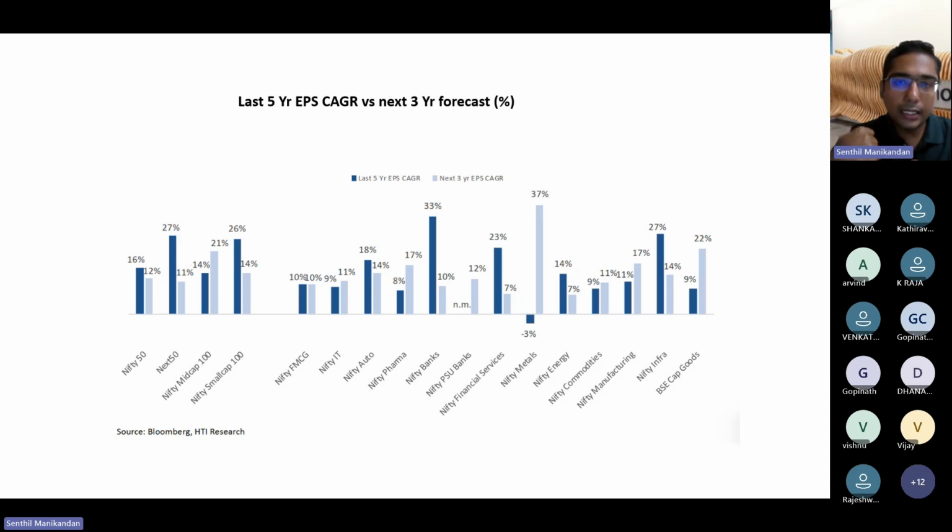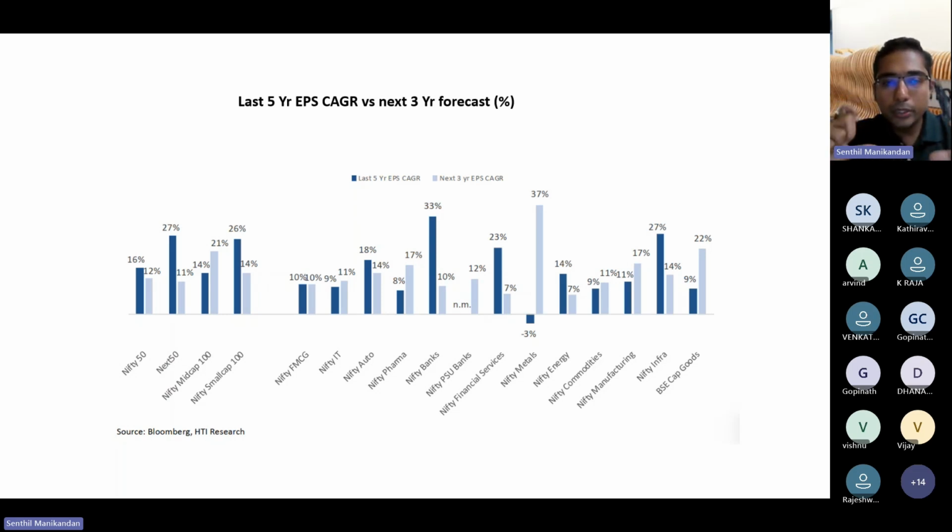Well, next 3 years. One reason would be that economic momentum is moderating plus the base coming into effect. The broader expectation over the next 3 years is that Nifty small cap earnings growth will moderate from the 26% 5-year CAGR in the last 5 years to 14%. On the other hand, even for large caps, you're expecting a 12% kind of earnings growth. So the delta of outperformance of small caps versus Nifty 50 will narrow from 10 percentage points to almost 2 percentage points.